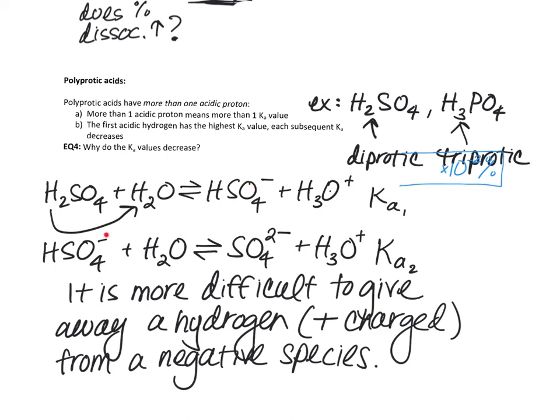Then when HSO4 minus had to give away a hydrogen, it became SO4 2 minus. So each time a hydrogen is given away, there's an additional negative charge, and that is an unfavorable process. Compounds desire most to be at a neutral charge, as neutral as they can. They're most stable at their neutral charge. So for every hydrogen given away, the negative charge increases, which is unfavorable.